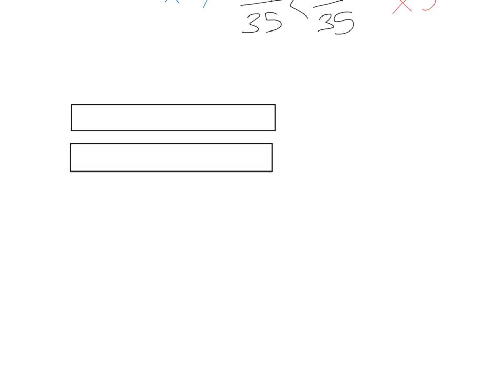Hopefully your bars are more accurately the same size as each other than mine. So have a go with that, try B, and see if you can use the method that I've used up here.